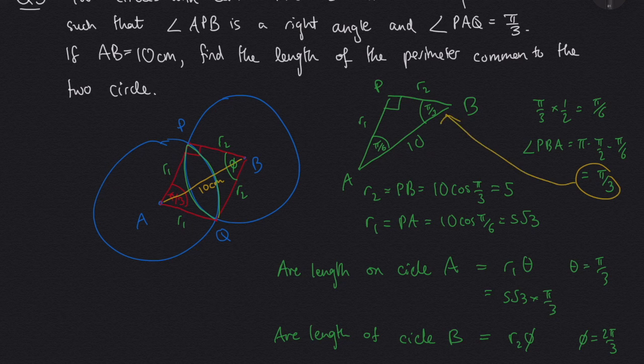So we know that this whole angle phi is double that. We are going to get that this arc length is R2, which is 5 times 2 pi over 3, which is 10 pi over 3.